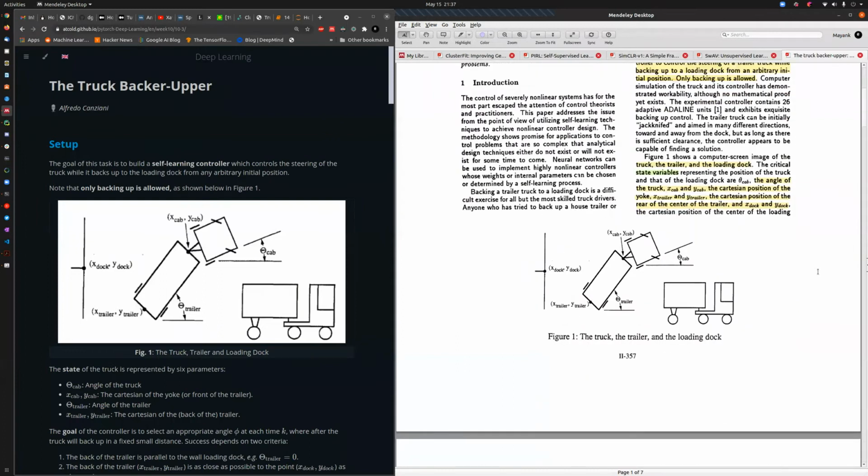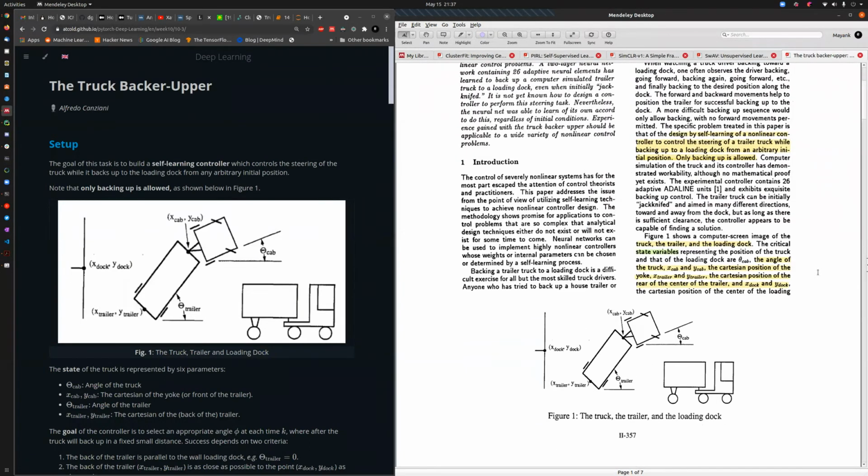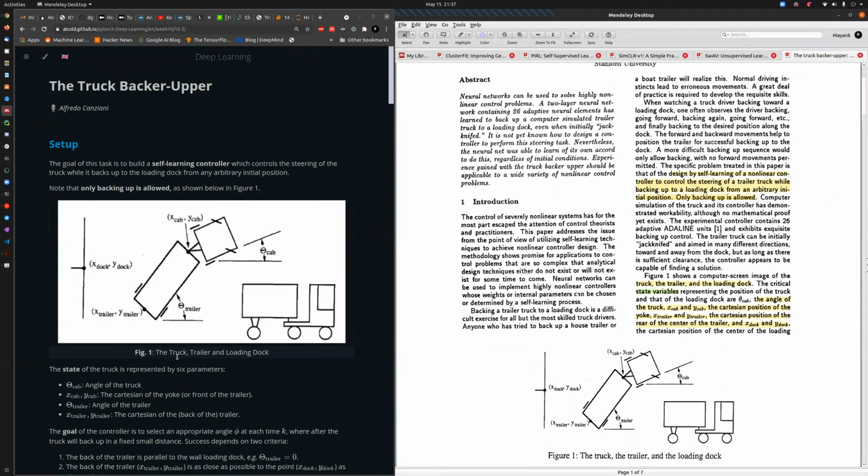So this is the problem and how they have defined it. The goal of this task is to build a self-learning controller which controls the steering of a truck. Let me try to visualize this as well.